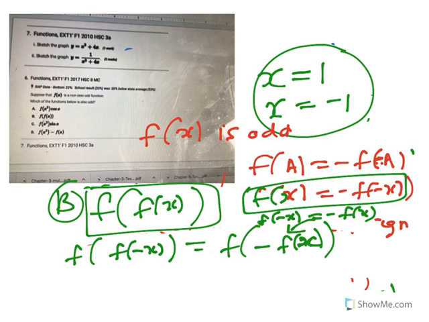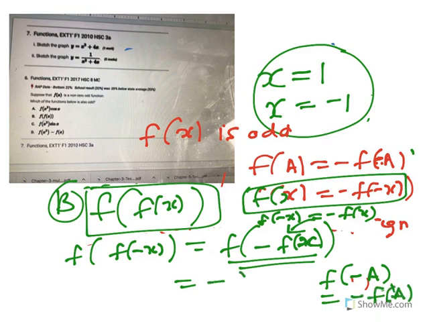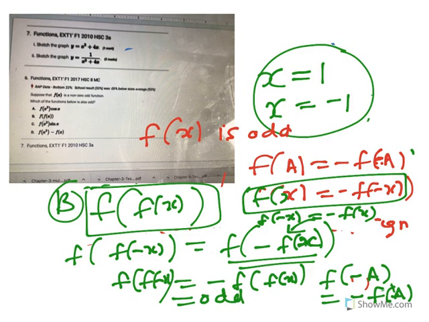So you can then replace it. Now, once you've done that, this is f of minus a, which equals minus f of a. So that's going to be minus f of x, because a is f of x, which then makes it odd, because f of minus x equals minus f of x, if you know what I mean.